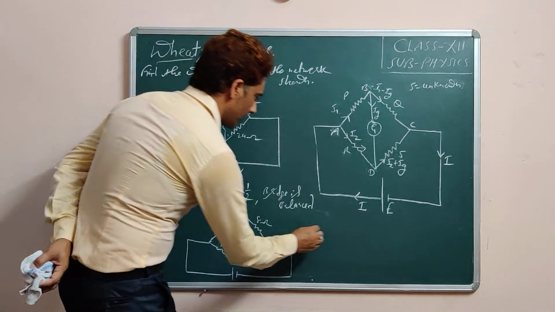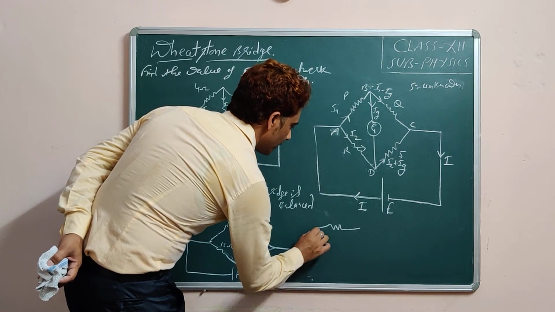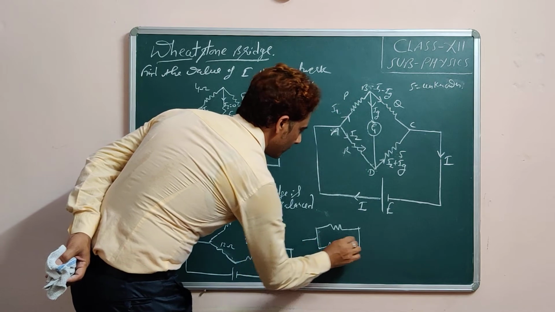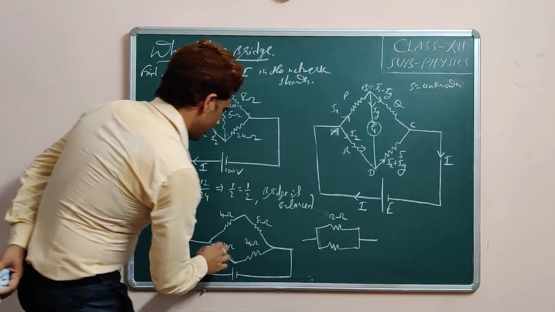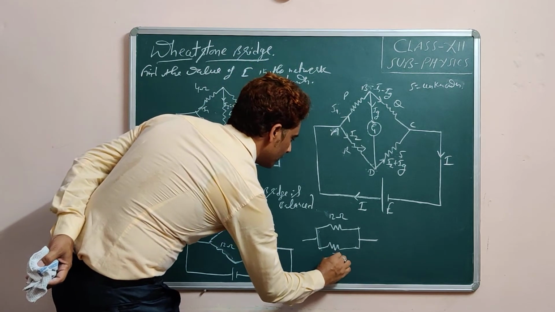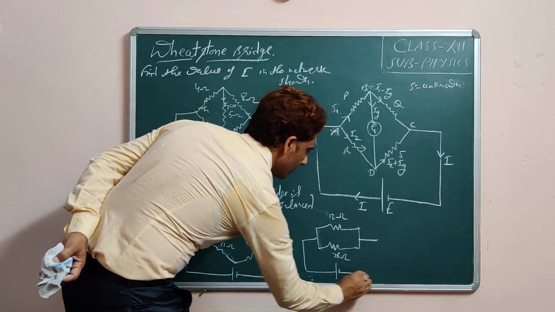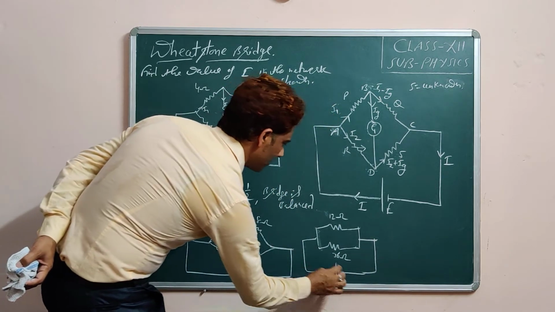So the circuit will become like this. Here it is 12 ohm and this is 36 ohm. This is 100 volt.